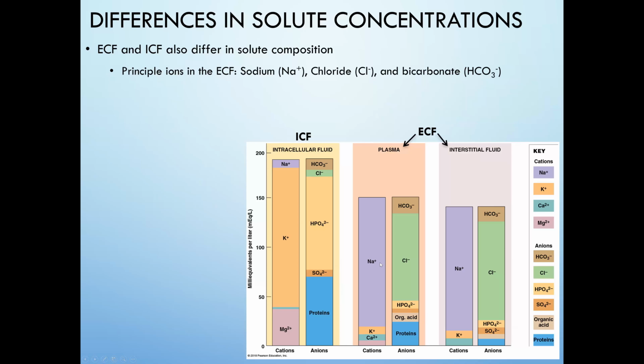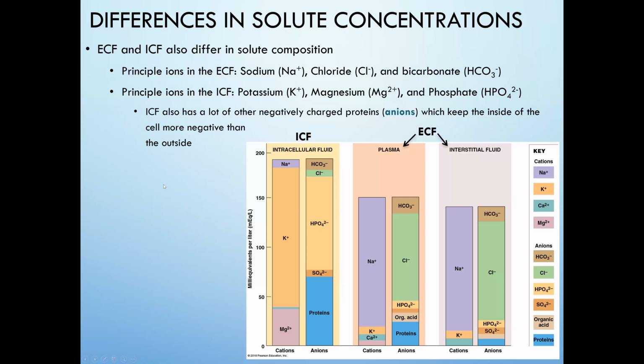The principal ions in the intracellular fluid, or inside of the cells, are going to be potassium. Again, that shouldn't be a surprise. We've covered that many times since the beginning of A&P. But two new ones for you, magnesium and phosphate ions, are also high inside of the cells.